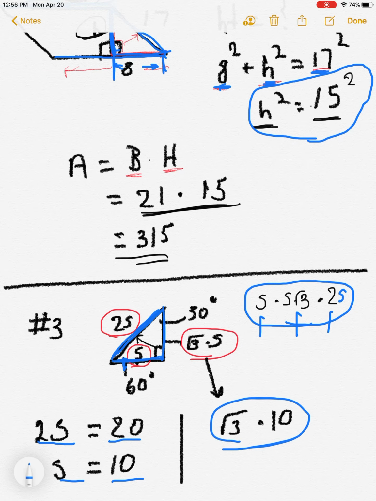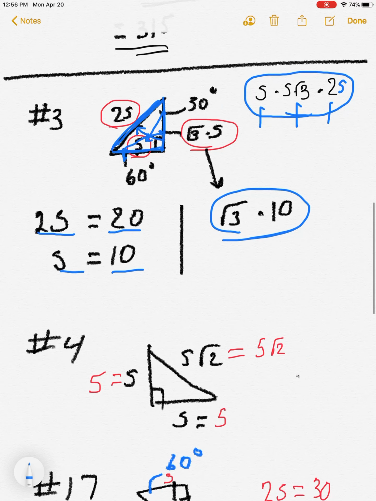And knowing the real height is root of 3 times 10 and the base is 12, you should be able to find the area and also the perimeter. Again, in a 30, 60, 90 degree triangle, the side across from the 30 is s, the side across from the 60 is s root of 3, the side across from the 90 is twice s.